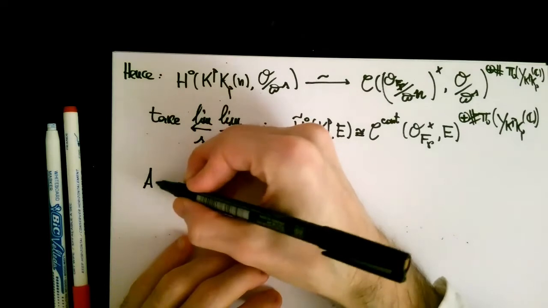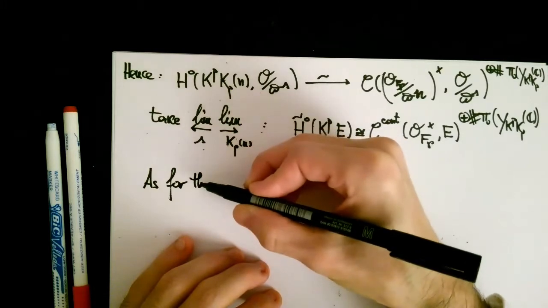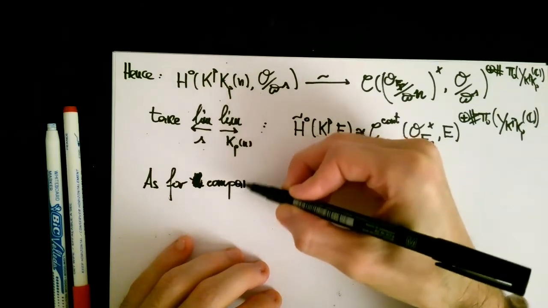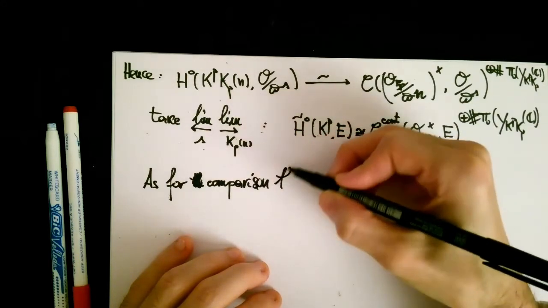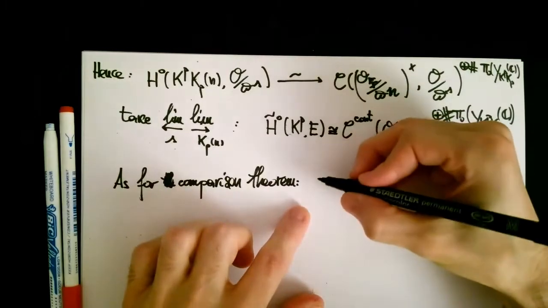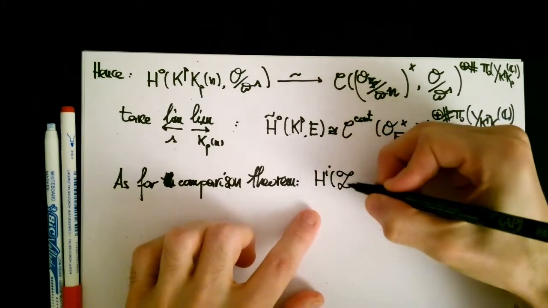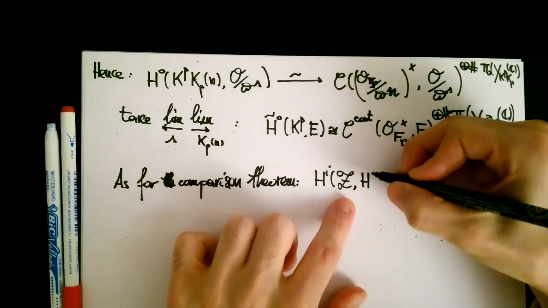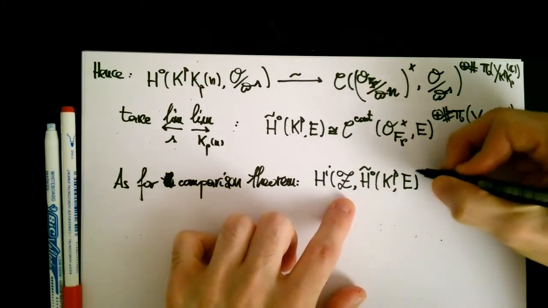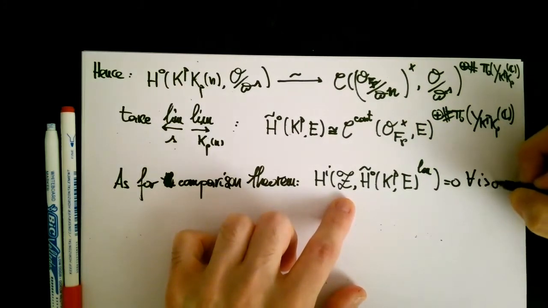So as for the comparison theorem, we conclude that the H^i of the Lie algebra acting on this H tilde 0, K^p, E, locally analytic, is 0 for all i strictly bigger than 0.